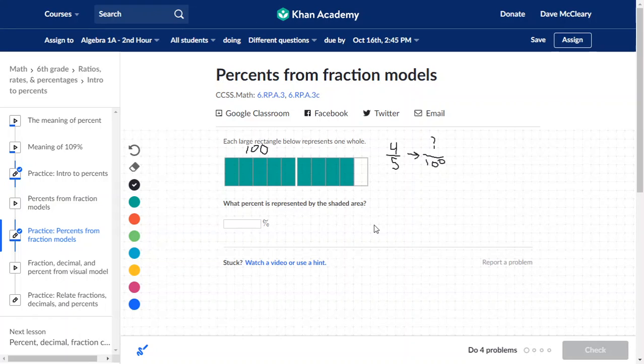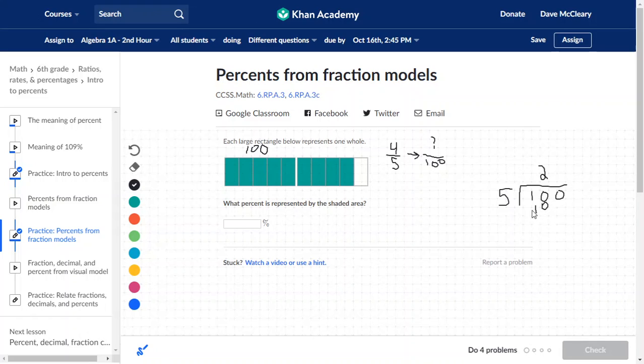So if I divide 100 by 5, then I will actually figure out what I need to multiply by. Because 5 times whatever my answer here is going to be 100, and then I will multiply 4 by that same answer. So 5 goes into 1 0 times, 5 goes into 10 2 times.